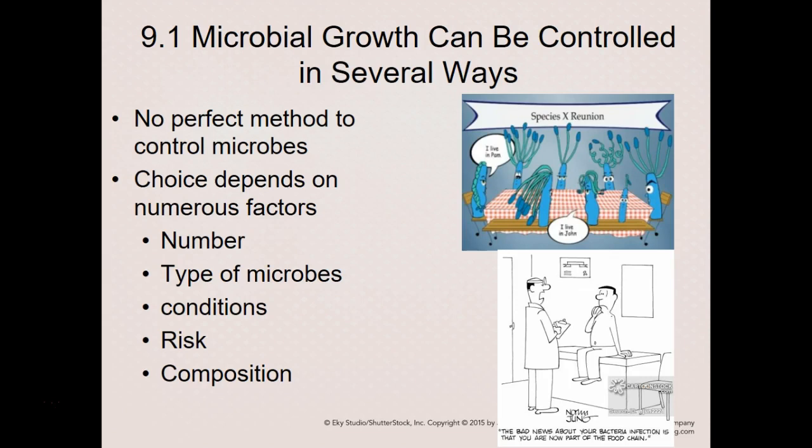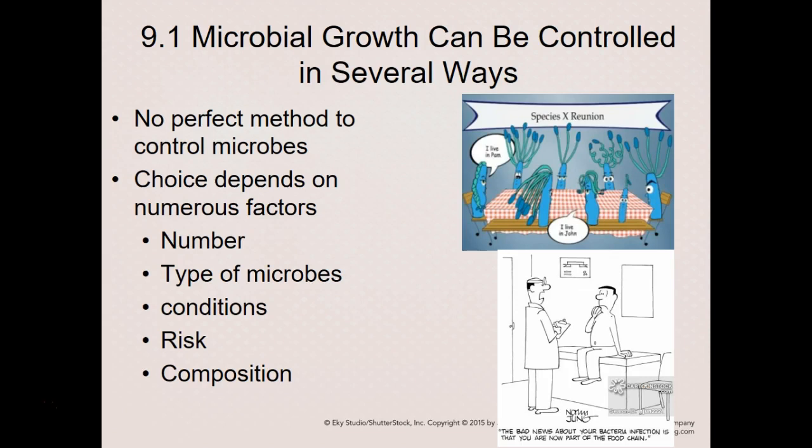The risk that is involved in using certain chemicals. So you have to look at the risk of the chemical and weigh that against the risk of the infection. So what if the chemical is going to damage the body? Then we might not want to use that unless it's the only chemical we know of that can kill off this pathogen, and the pathogen will kill the body.